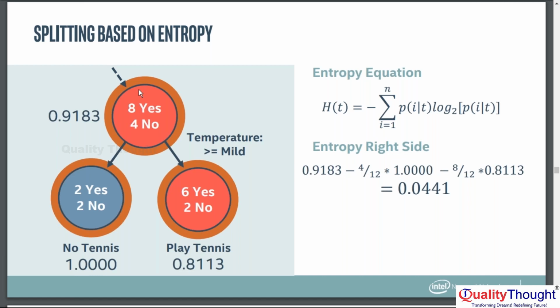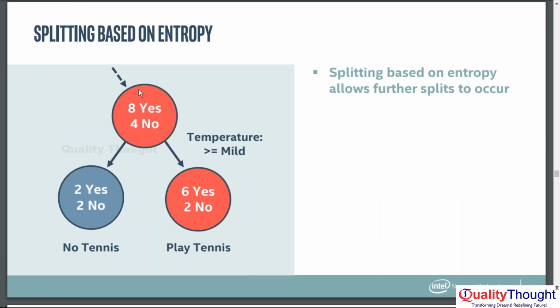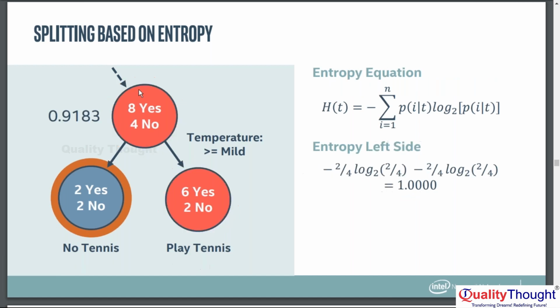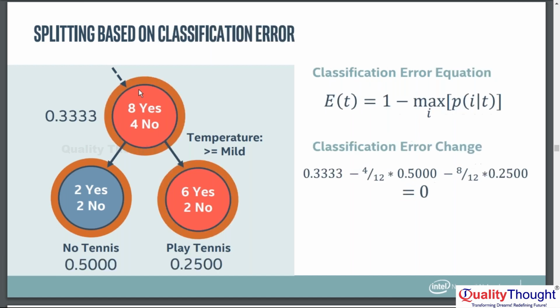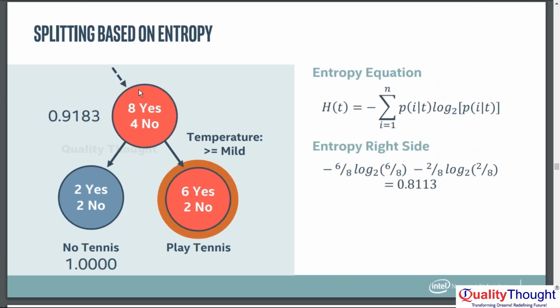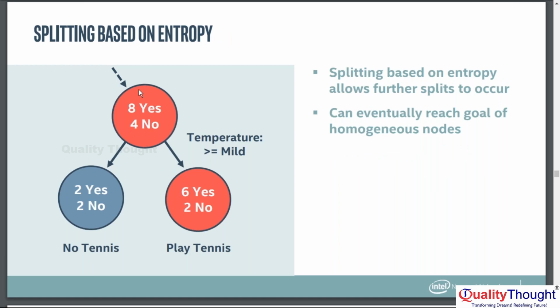Okay, so here the splitting based upon the entropy allows the other splits to occur rather than making it a 0. Here we have got a 0 in the error classification. Okay, classification error change. Here you could observe that you are coming up with some sort of a value.